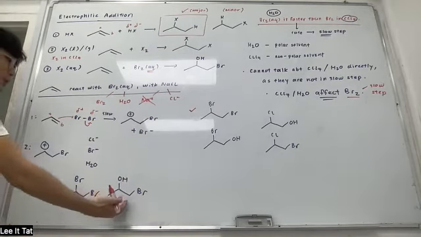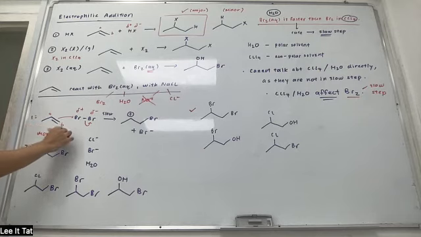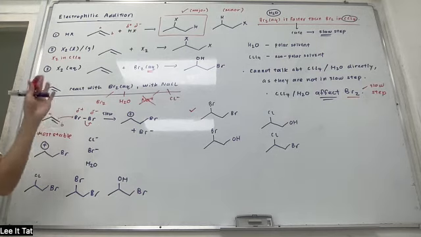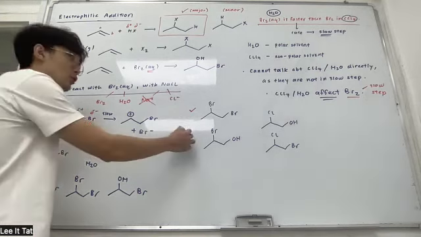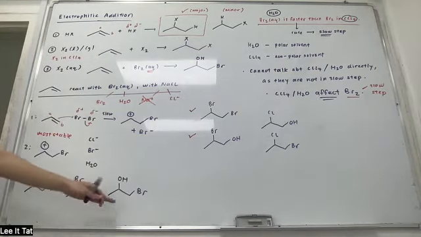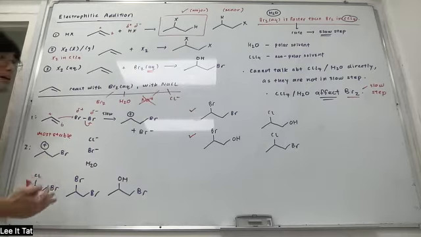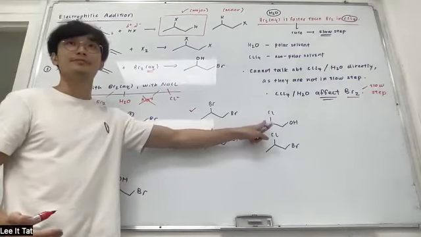Remember the products that we drew over here, these are the major products, because this carbocation is the most stable carbocation that you can form. If you don't form the most stable carbocation, you can still form this product here. They just swap the positions, but it's not as stable as this one. The ones that we drew here are the most stable ones. Can this product form?